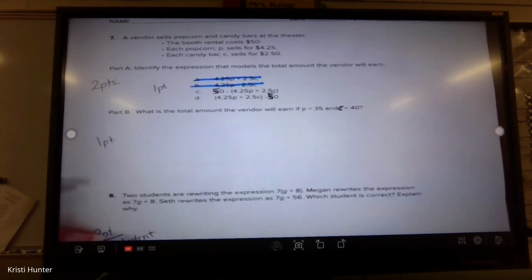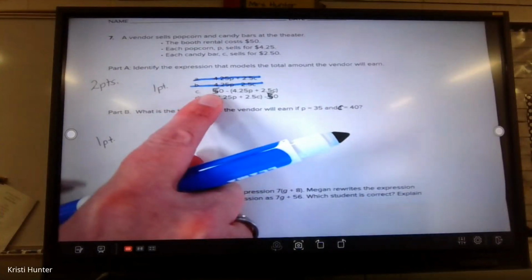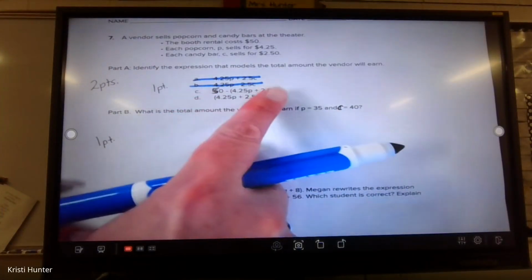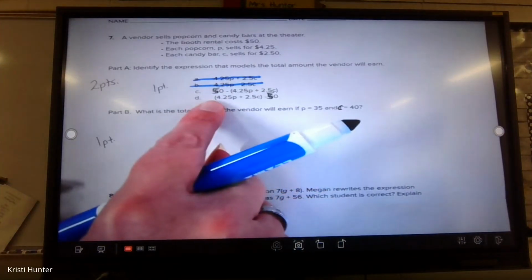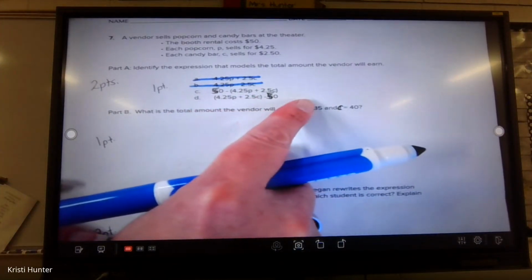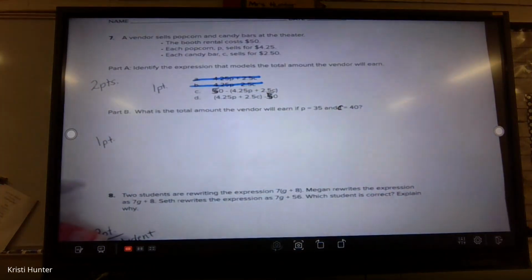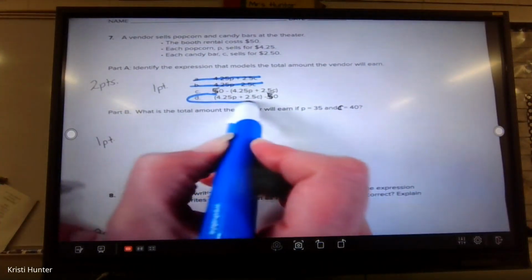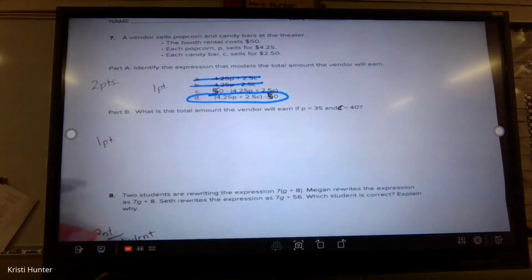So I'm left with the decision to make. Do I take the $50 and subtract my profit, or do I take my profit and subtract $50? Well, to find out what I make, I would do D. I would find out my total profit and then subtract the $50 off.